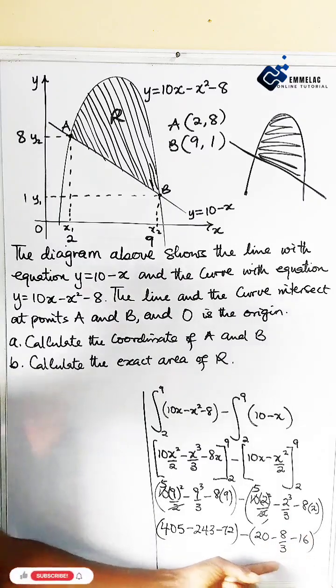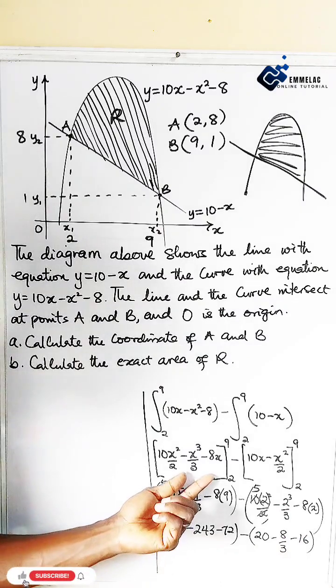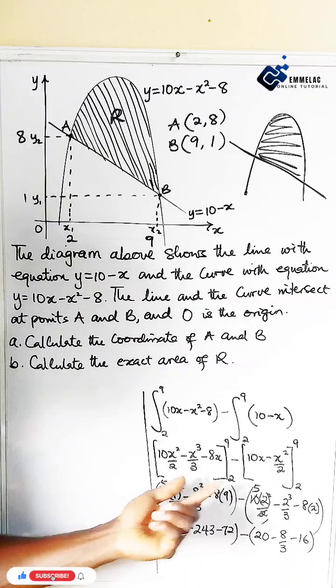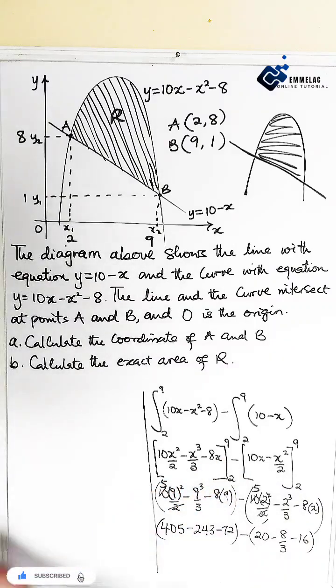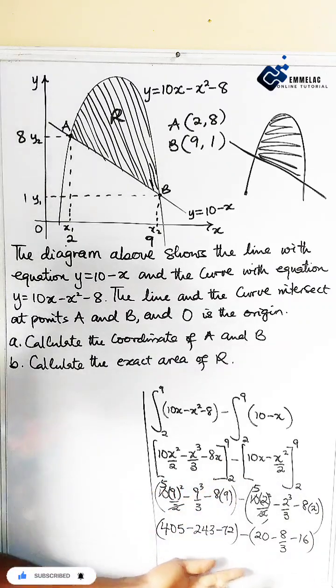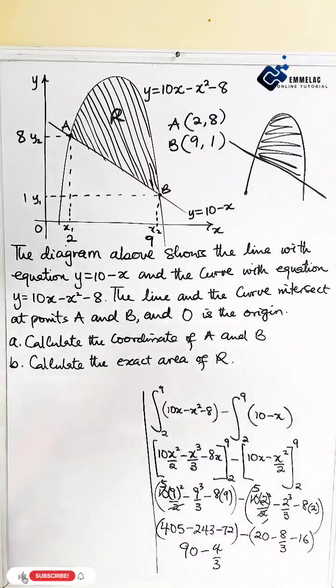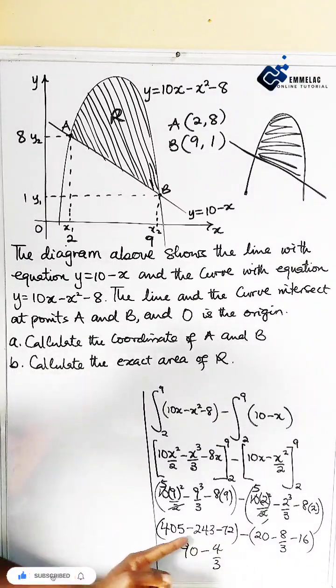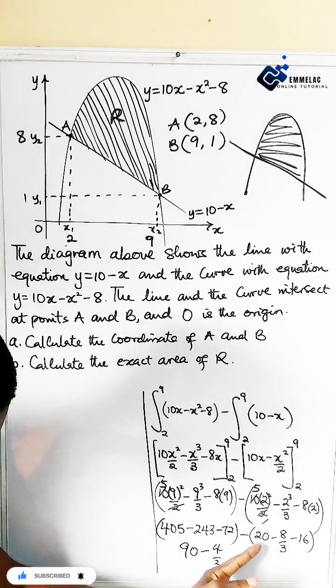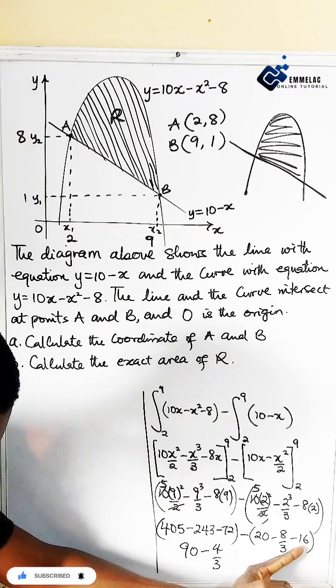Now take note, the whole of this is just the expansion of the left hand side of the expression. Okay, so let us now find the final value of this expression. So the whole of this will give us 90. Now the whole of this, that is 20 minus 16, that will be 4.